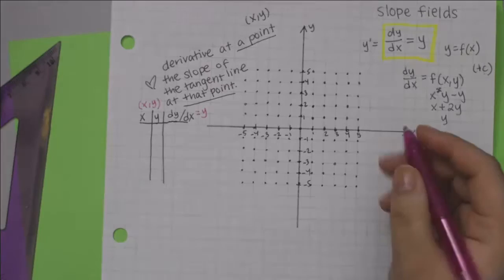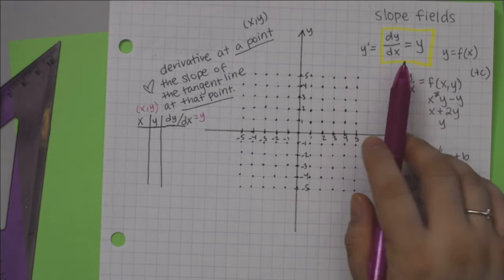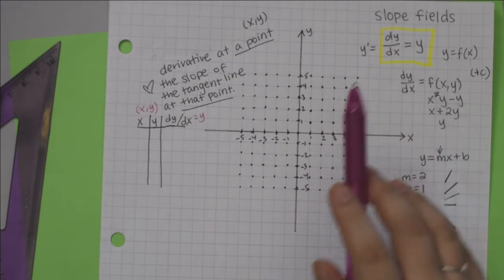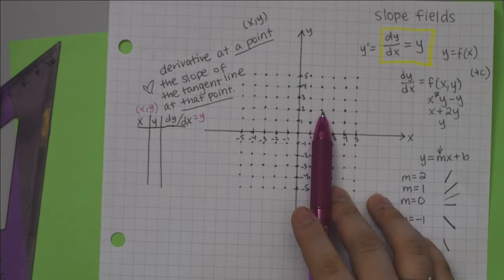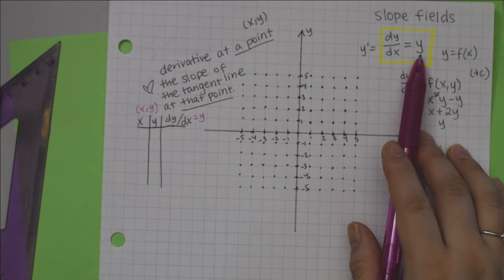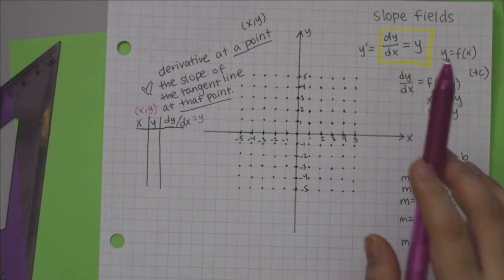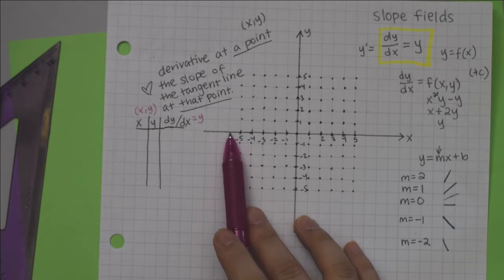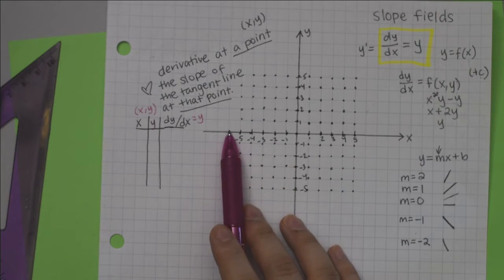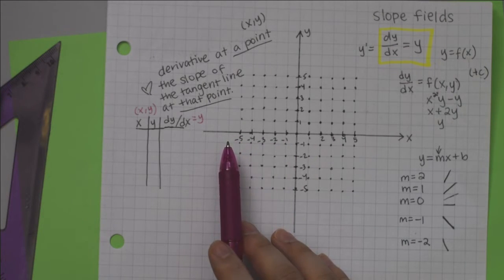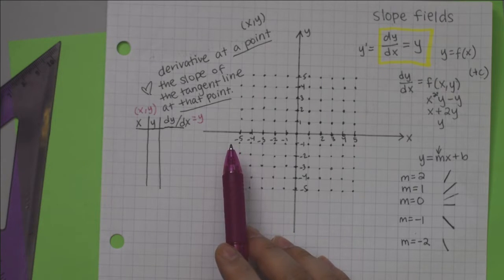Okay? So basically, this is telling me that the slope at any point is going to be equal to my y coordinate. One place to start that I often like is if there's an obvious pattern or an obvious 0 slope. That's nice.